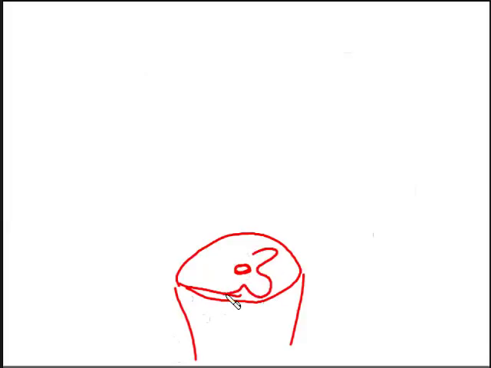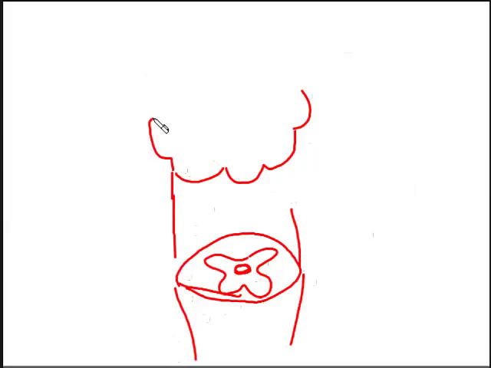Now, as we go up towards the medulla, let's say that we've reached the medulla up here. So here we have the pyramid, the olive, the inferior cerebellar peduncle, cuneate fascicle, gracilis, cuneate, and so on.